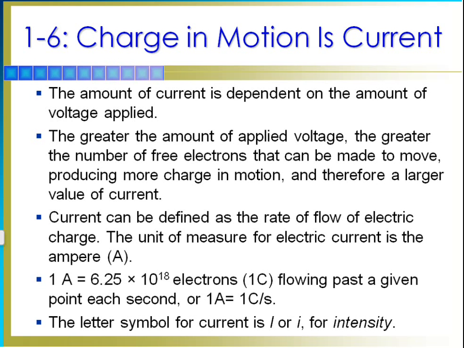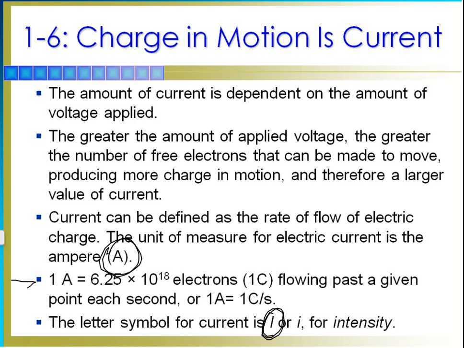All right. Current is defined as the rate of flow of charge through a single point. The unit of measurement is the amp. The symbol is I for intensity.